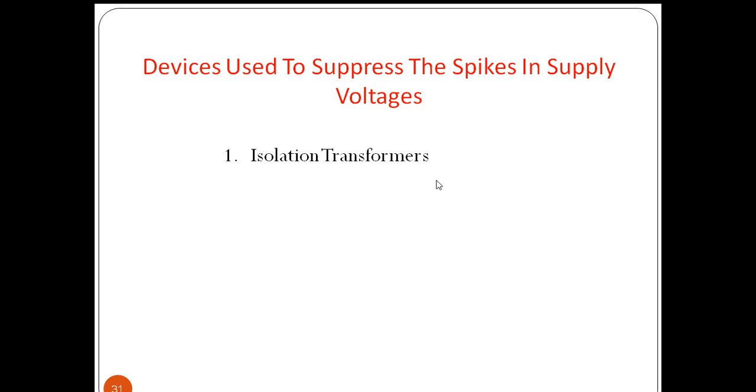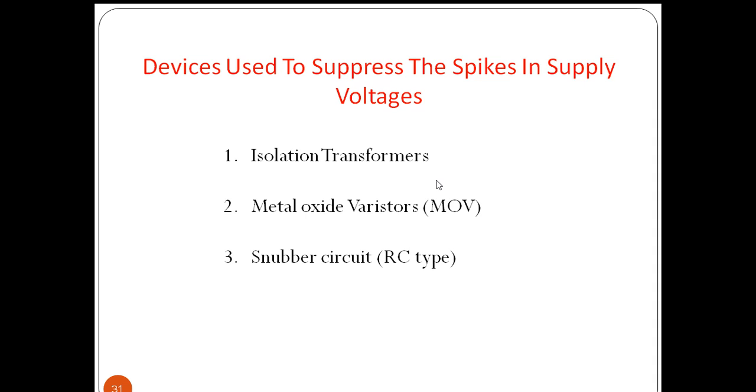Now, the devices used to suppress the spikes in supply voltage. By continuously switching the components at the load end, and the components supplying power from the source end to the load end, spikes, harmonics and electromagnetic interference are generated in the supply.